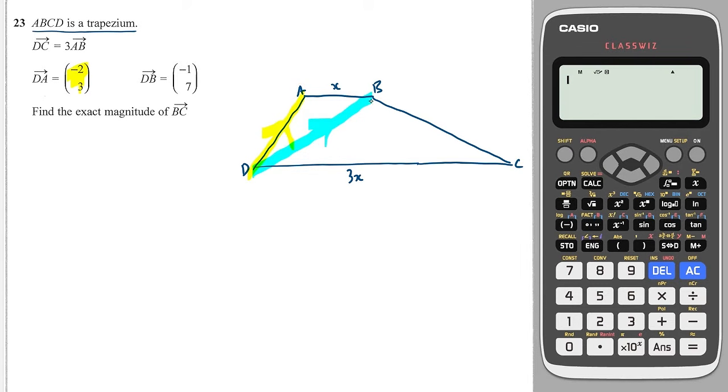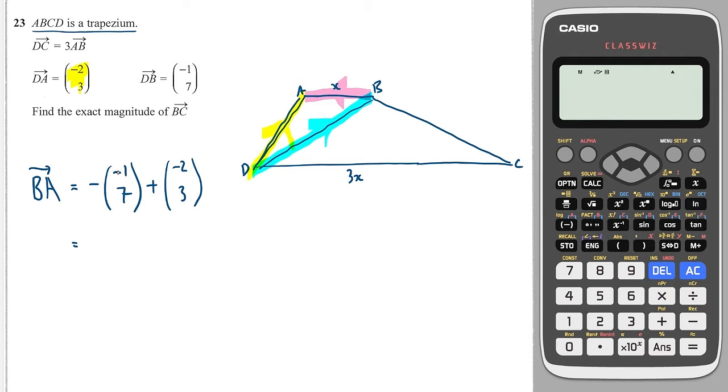Okay. Well, let's first work out B to A. That would be quite useful. So B to A is equal to, we'll go backwards through D to B, so minus D to B, and then we'll go forwards through D to A, so add D to A. Okay, what's that as a column?